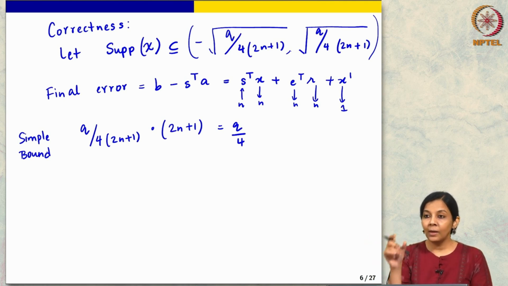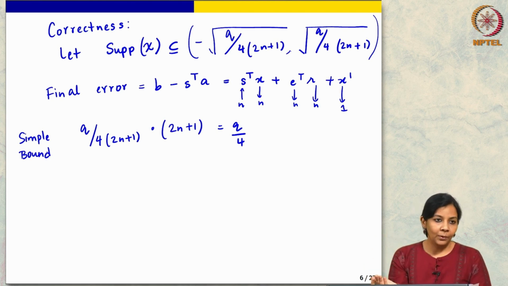So, the first one is an inner product of 2n length vectors, the second is also of 2n length vectors, right. X prime is just a scalar, right. So, it can be bounded by square root of this quantity, which means it can be bounded by the quantity itself. So, basically adding it up I can get this very trivial bound.